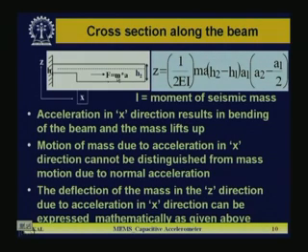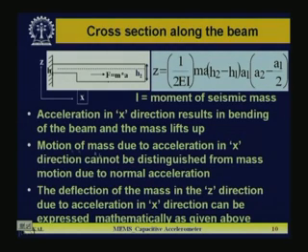F equal to mass into acceleration is the force, and I is the moment of the seismic mass. So, in terms of the moment of the seismic mass, the displacement along the Z axis of that probe mass is given by this relation.